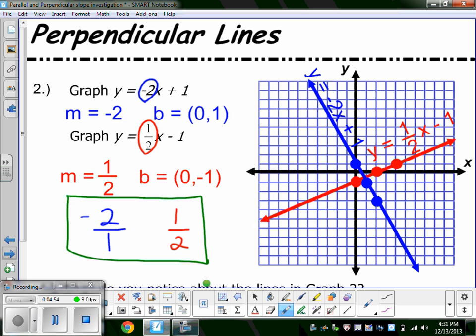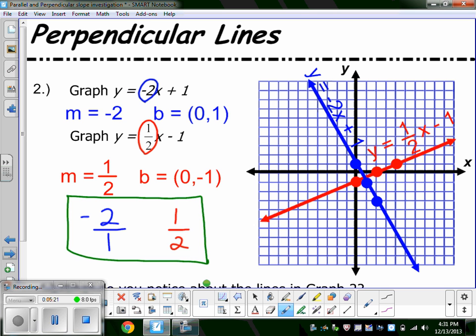You should also be able to tell that the numerator from our first slope, the negative 2 over 1, and the denominator from our second slope, the 1 over 2, are actually additive inverses of each other. One is a positive, the other is a negative, and they are the same digit.